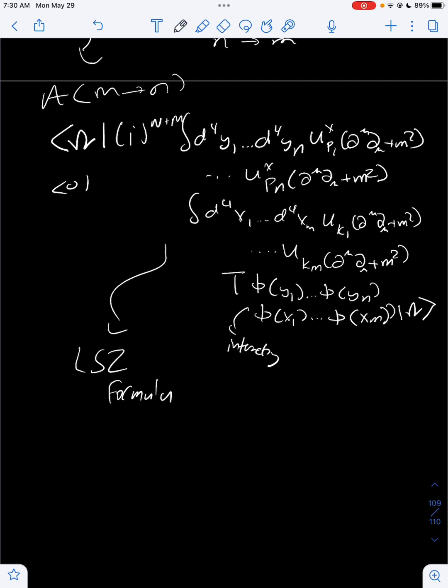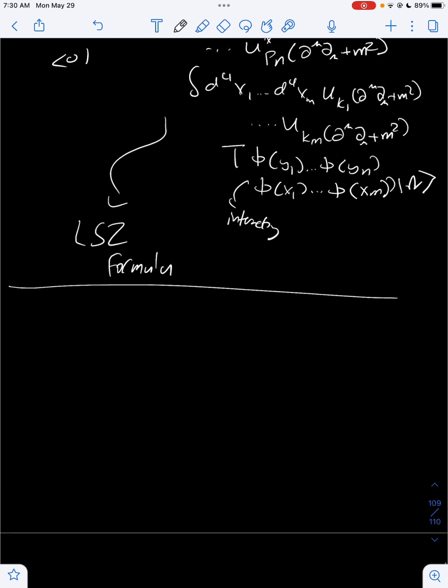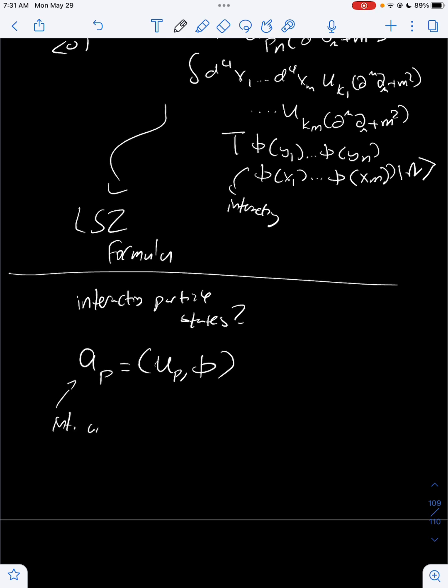So just to recap, basically, what we were starting out doing, we were talking about how to build interacting particle states. And we conjectured that we can use the Klein-Gordon inner product between U of P or U of K and phi to define the interacting annihilation operator, where phi is the interacting field that obeys the interacting field equation.